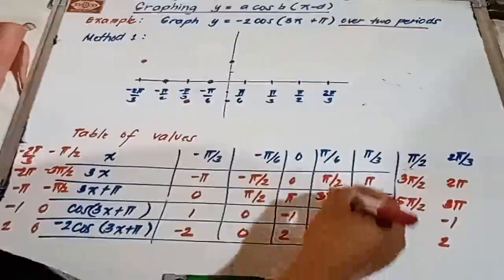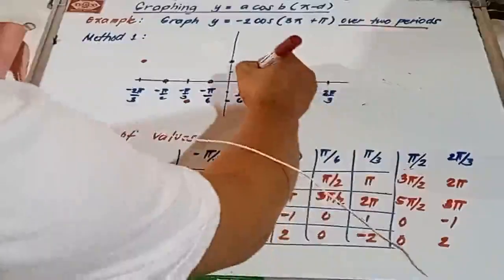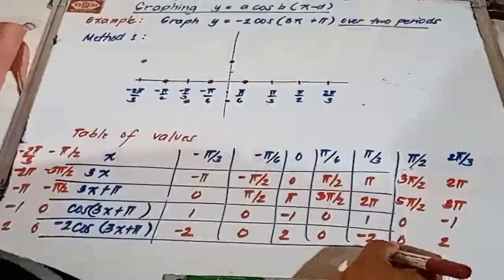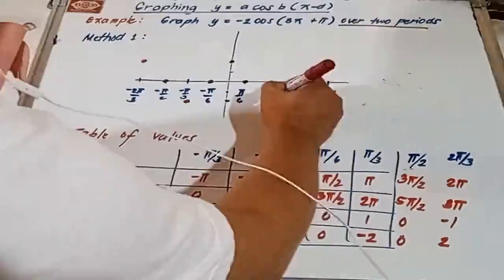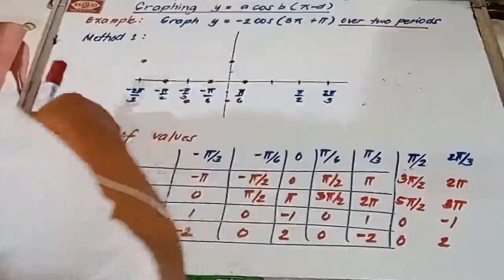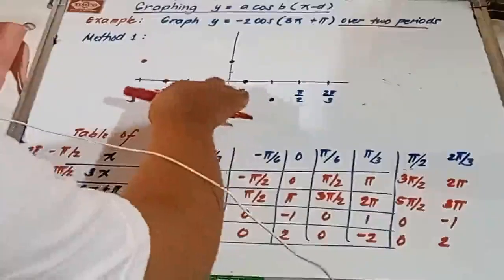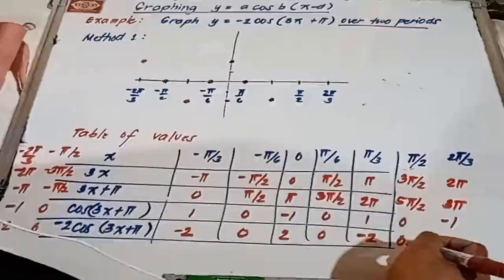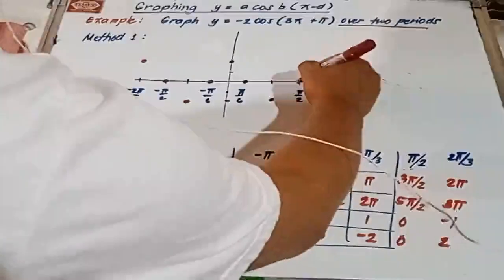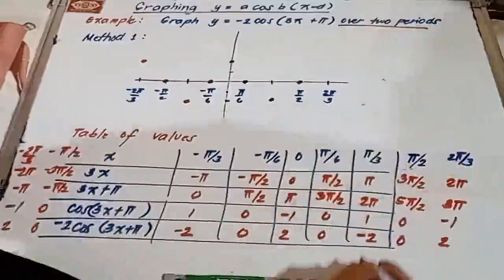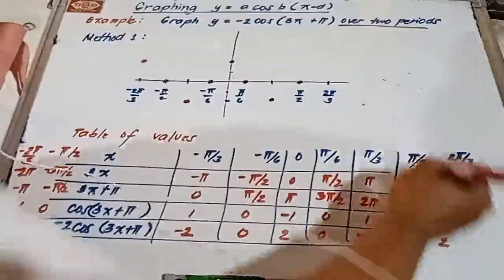Then, pi over 6, 0. Pi over 3, negative 2. Dito. Okay, next. Pi over 2, 0. And then 2 pi over 3, 2.